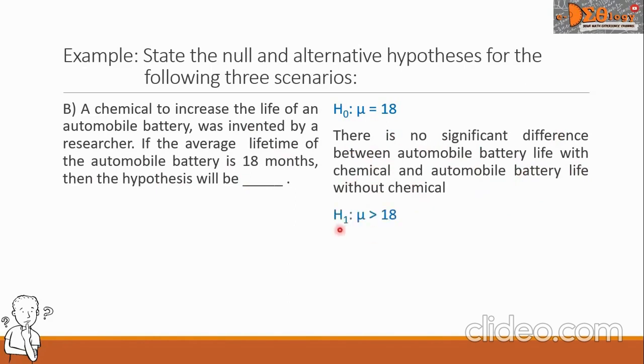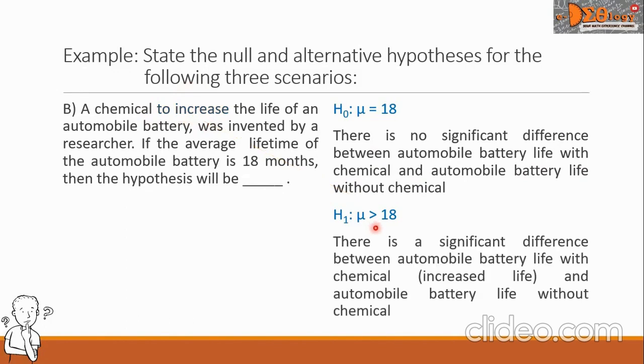Next, let us write the alternative hypothesis. So we have here H sub 1 colon mu is greater than 18. We write here greater than because in the problem there is the word increase. That suggests a greater than condition.